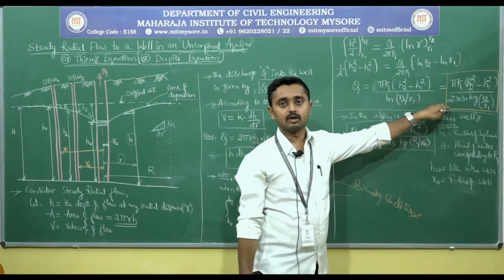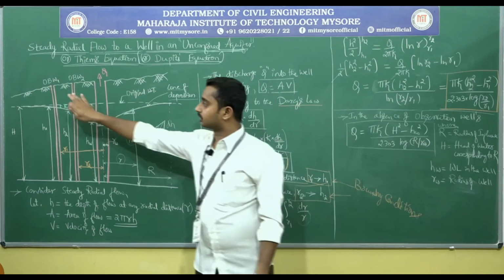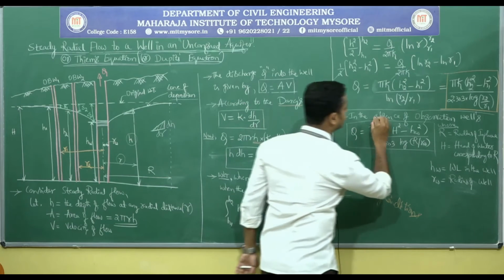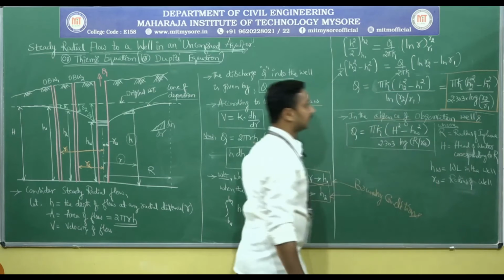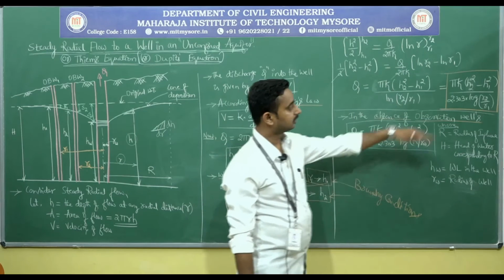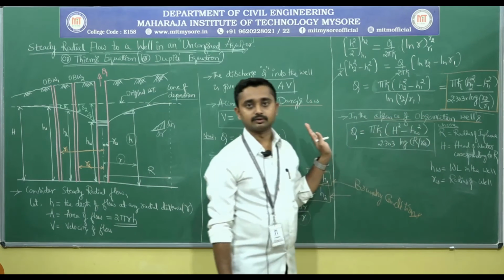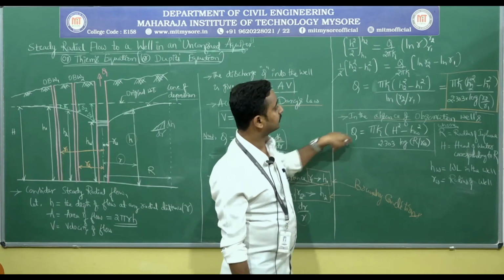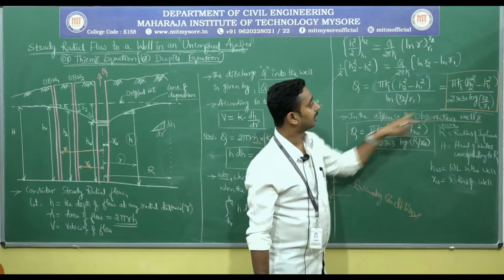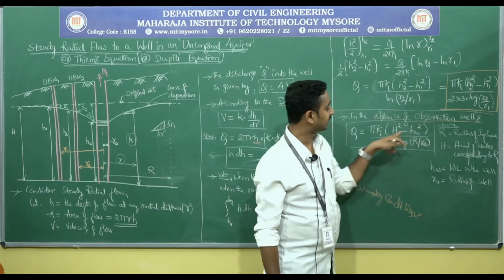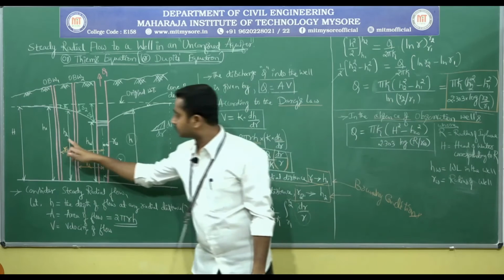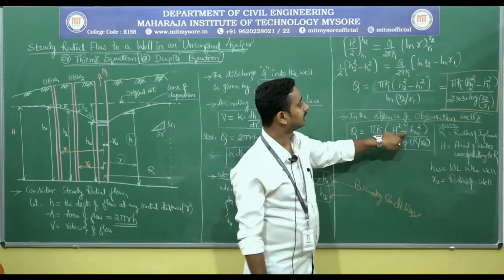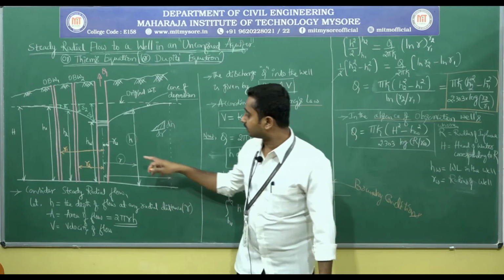This is the equation. If there is no observation well, in the absence of an observation well, just change the terminology. There is no observation well, only the pumping well is there. So Q equals pi k, replace h2 by H, total head of the water, H square minus h1, which is now hw.